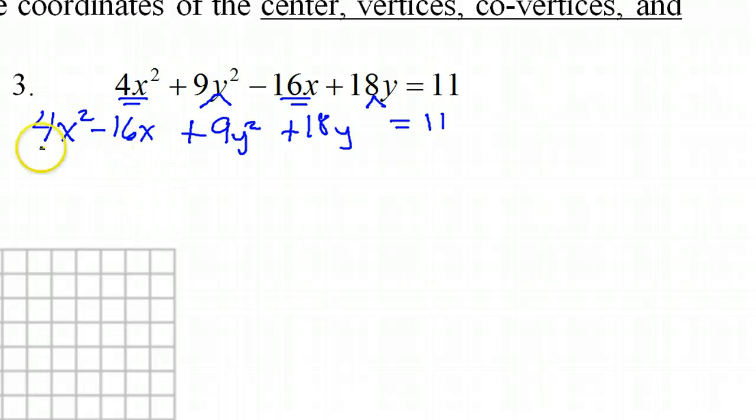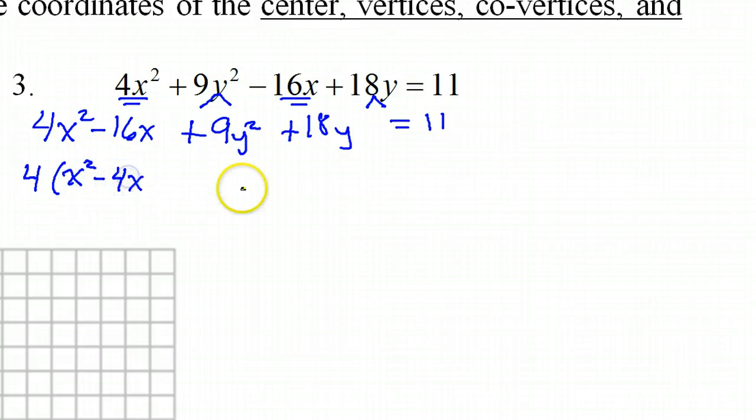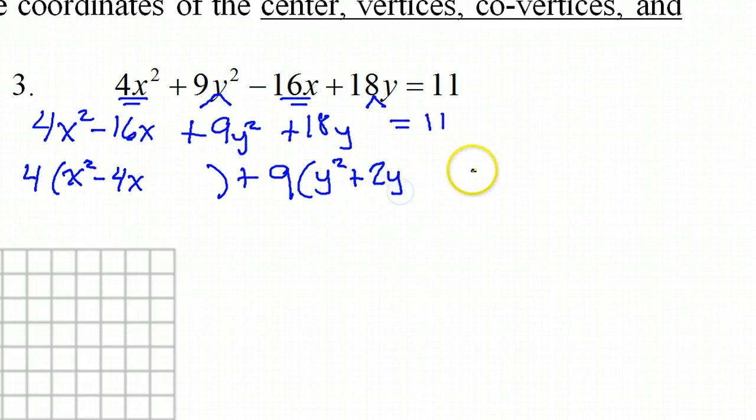So now we must complete the square, but be careful. Both of these have a number in front, so we're going to have to pull that out, factor it out. So this will be 4, and then x squared minus 4x, close the parentheses. This one we have to pull out that 9, so this will be 9, and then y squared plus 2y equals 11.